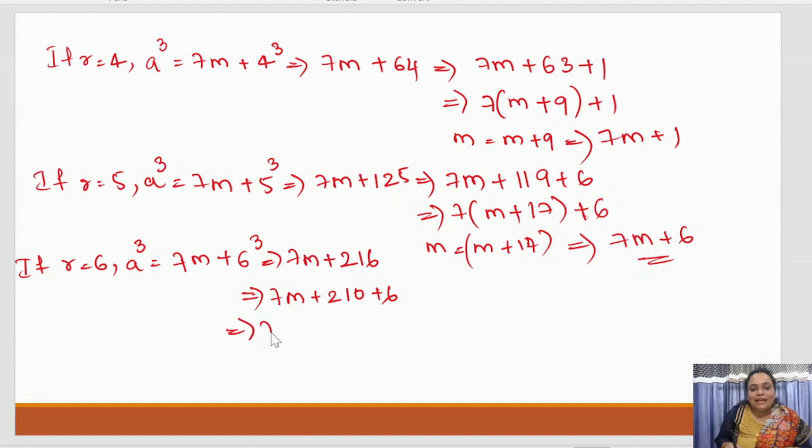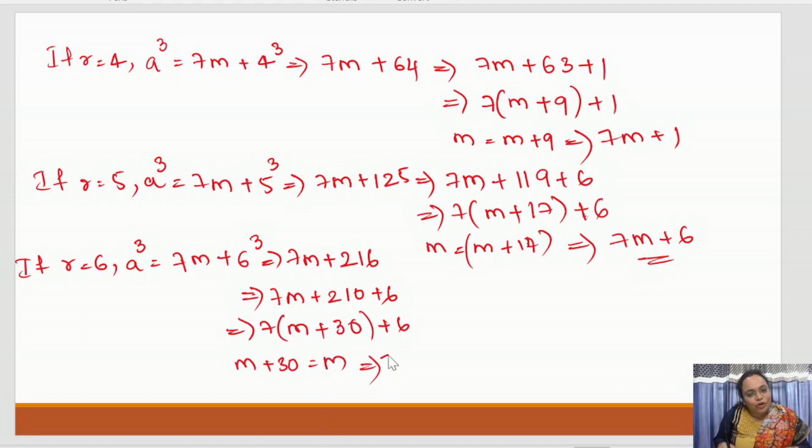Now if you take 7 common here, this will be m plus 30. Correct? 7 3s is 21, 0, plus 6. Okay. Now m plus 30 is equal to m. So this is in the form of 7m plus 6.